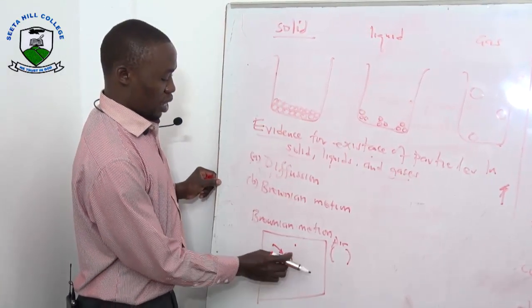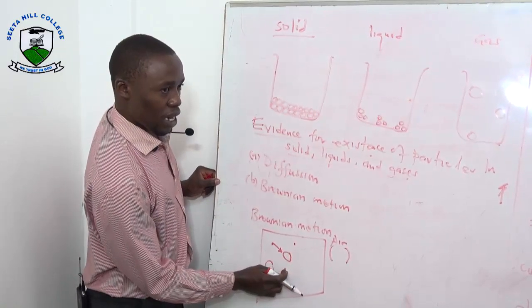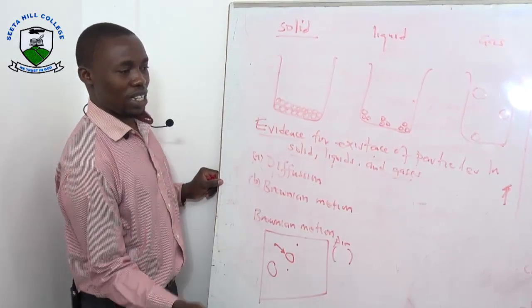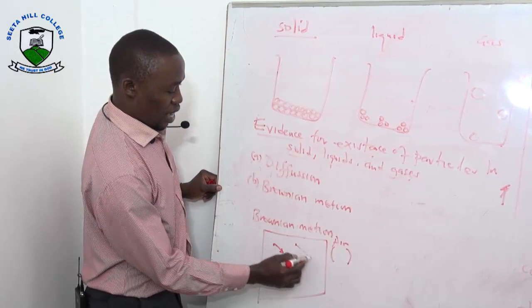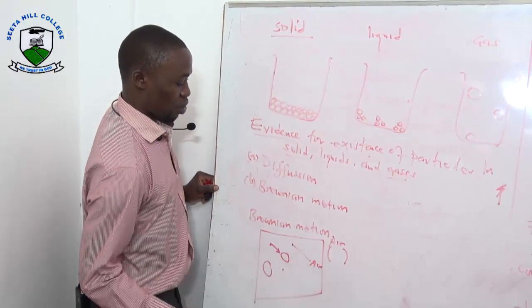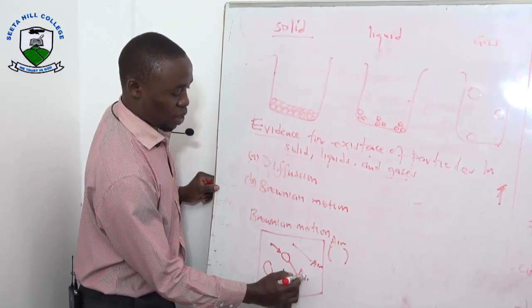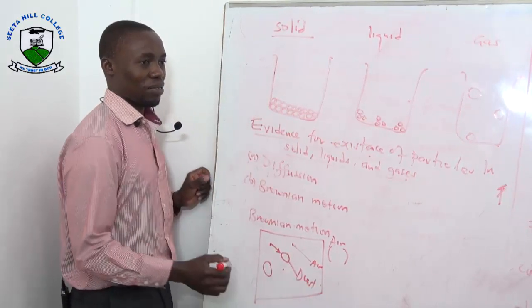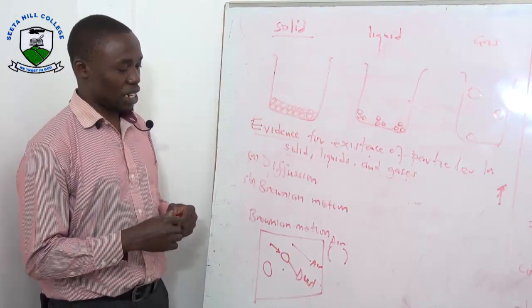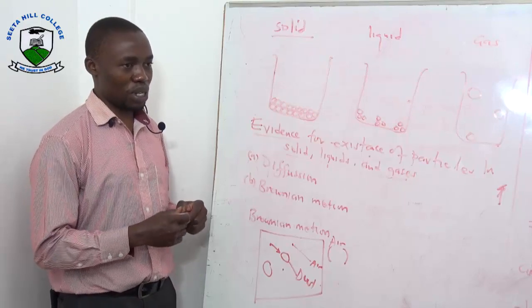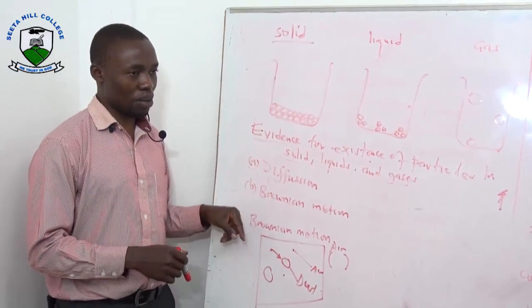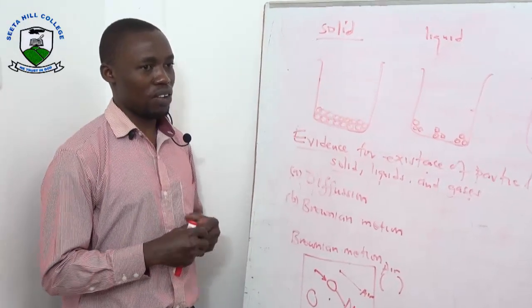By so moving, it knocks another particle and it changes direction. These are air particles in the room which are not seen, but these are dust particles which are seen. Okay, thank you very much. Now air has particles because it is causing other particles to move randomly.